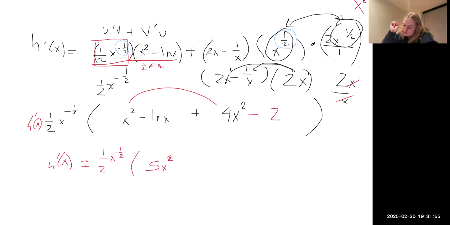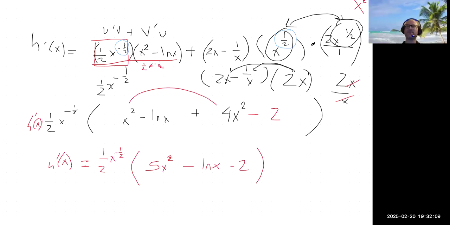We can't do anything with the negative ln x or the -2. We just bring those down. I'm going to leave it factored like this. I'm going to say that's another mathematician's problem to deal with.